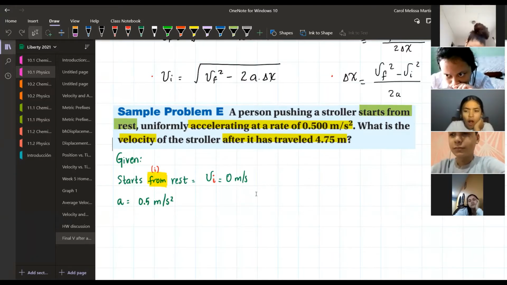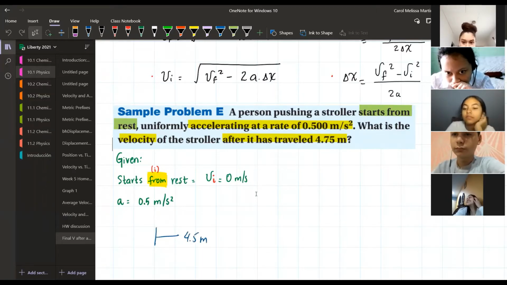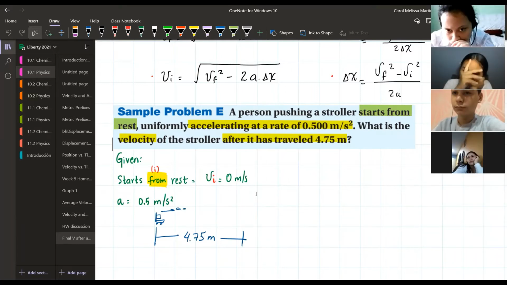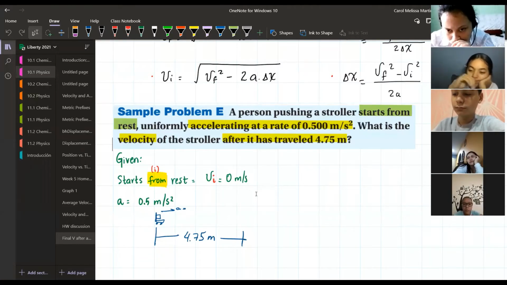It means that in the distance of 4.75 meters, the stroller was moving at a constant acceleration, okay? The acceleration was the same in all this distance. That's what it means.